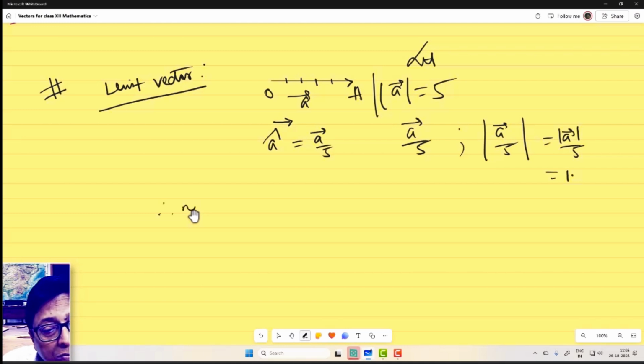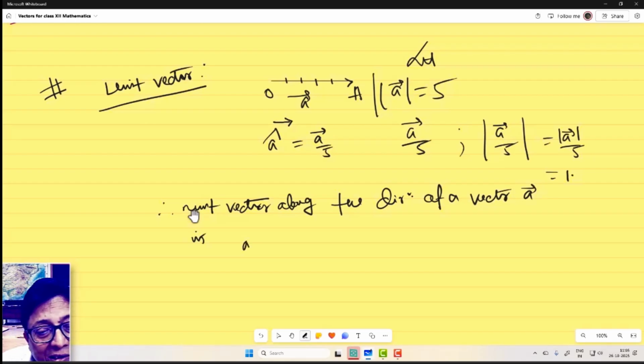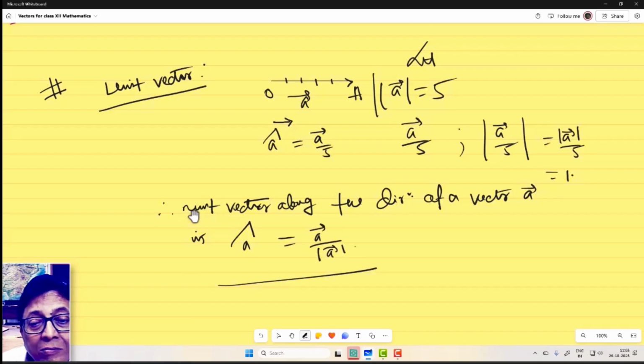Therefore, the unit vector along the direction of a vector A is given by A cap equal to A by mod A. Okay?